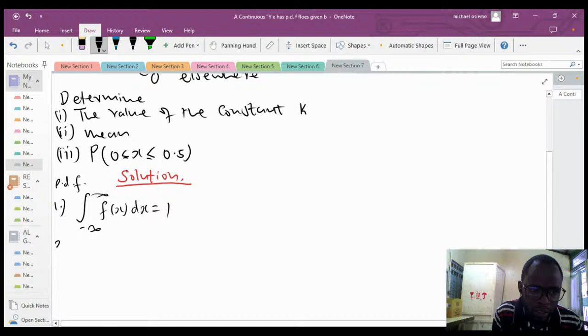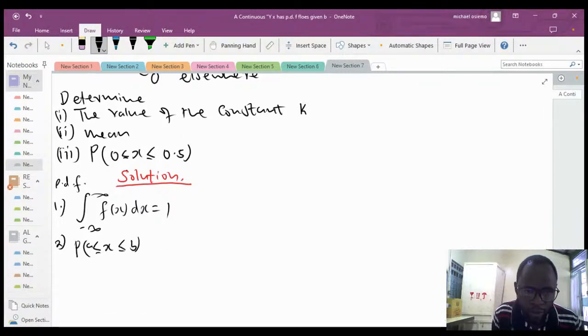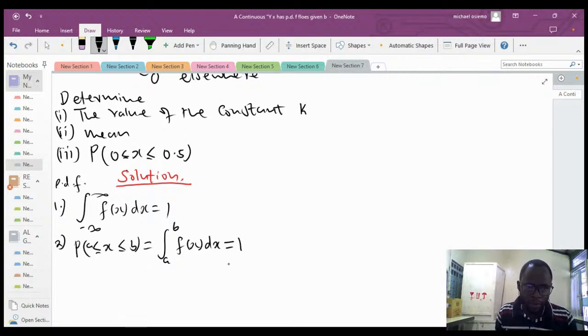The second property is that the probability of x from a to b is equal to the integral from a to b of f of x dx, and over the whole range this will be equal to 1. In our problem, we're going to apply condition number 2.